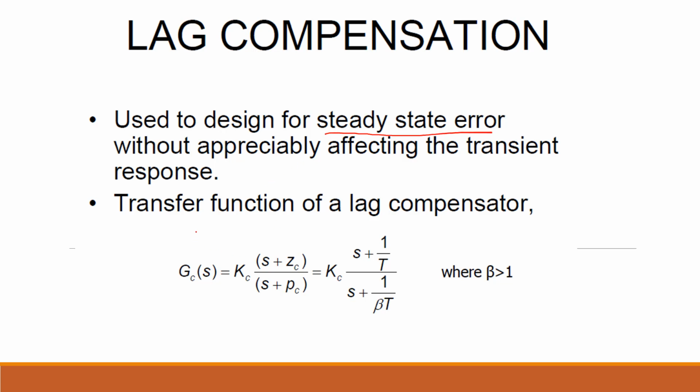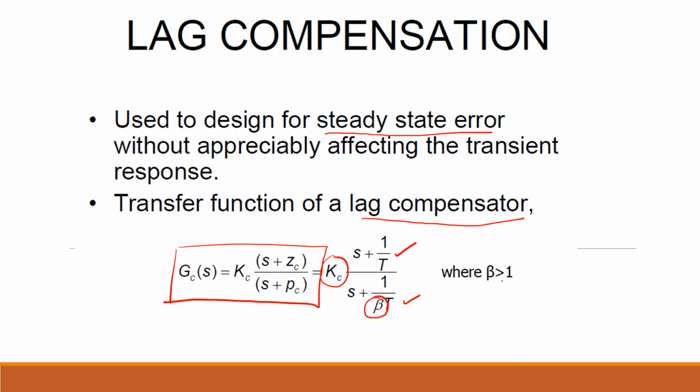The transfer function of the lag compensator is given as this formula. In this case, this is the gain Kc, and these are the zero and pole. So the beta must be greater than 1.